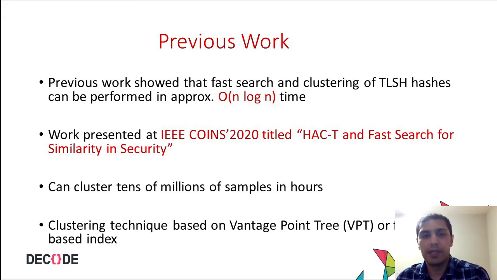The paper also contains an evaluation on tens of millions of samples, and we can cluster tens of millions in a matter of hours, as opposed to days. The clustering technique was based on vantage point trees for an exact solution, or a forest-based index for an approximation. I'm leaving out more details; you can check out the paper, and if you have any questions, you can email me.